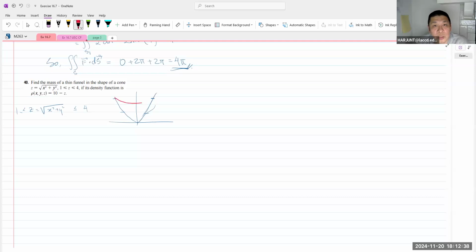So the shape should look something like this, but only this part. If the density rho is 10 minus z. Okay, so the mass equals the double integral over that surface of the density dS, right?